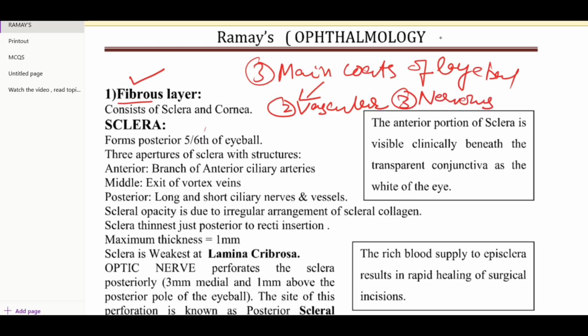So let's discuss first of all the fibrous layer. It consists of the sclera and the cornea. Sclera, what is the sclera? Sclera forms the posterior 5/6 part of the eyeball. If there are 6 parts of the eyeball, then out of the 6 parts, 5 parts are made up of the sclera.